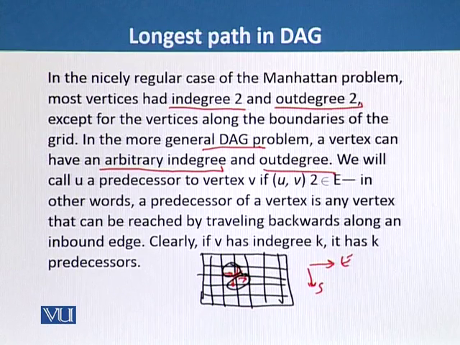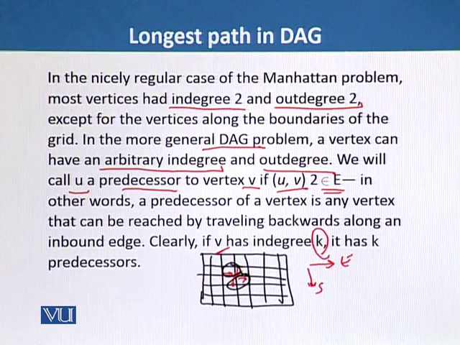We will call U a predecessor of vertex V if (U, V) is in E. In other words, a predecessor of a vertex is any vertex that can be reached by traveling backward along an inbound edge. So clearly, if V has in degree k, it has k predecessors.